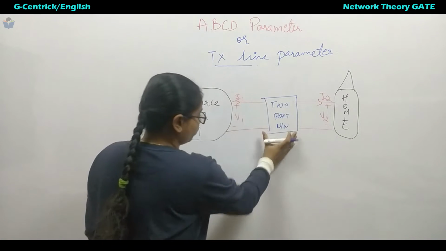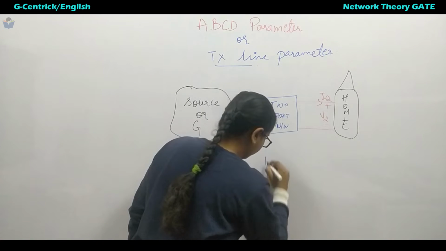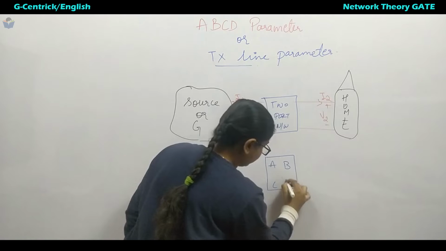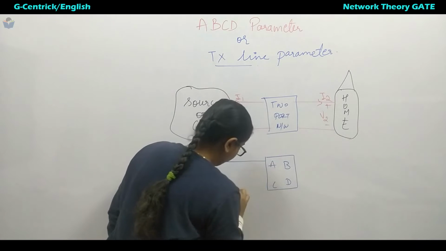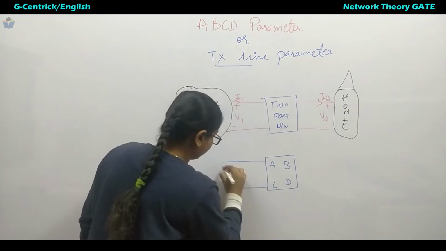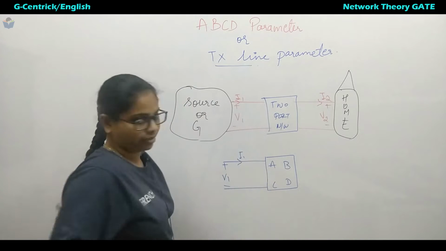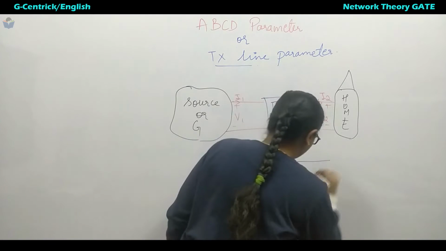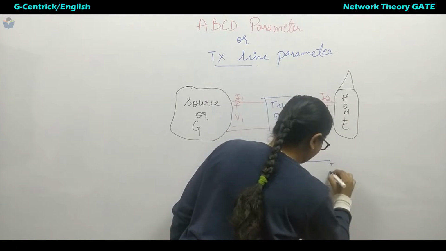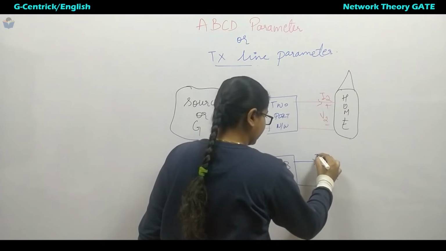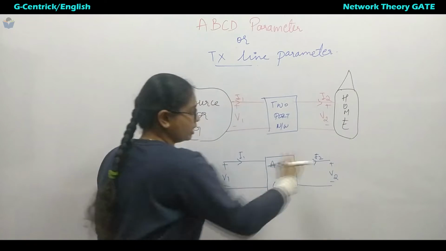Now this two-port is replaced by ABCD parameters. This is A, B, C, D, and here we have got the transmission line, and here the voltage that appears is V1, and here the current is I1. Over this side there is a twist, where we have got voltage V2, and this is current I2 if we see in this direction.